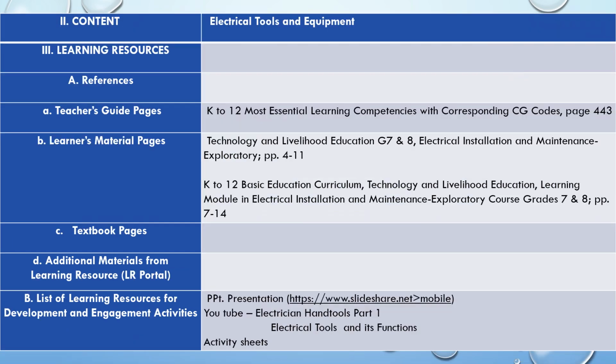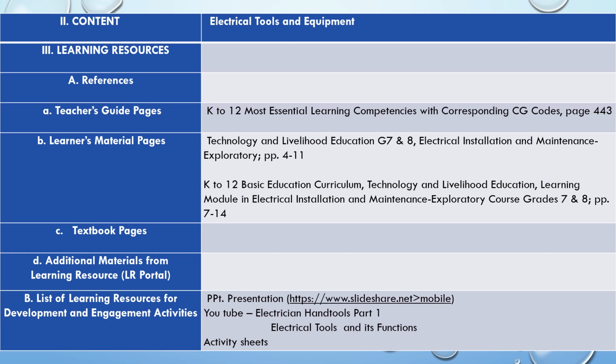For Roman numeral 2, we have the content, and it is the electrical tools and equipment. Roman numeral 3 is about the learning resources. We have the references: the teacher's guide, the learner's material pages, the textbooks, and additional materials from learning resources. For the teacher's guide, we have the K-12 Most Essential Learning Competencies with corresponding CG codes, page 443.